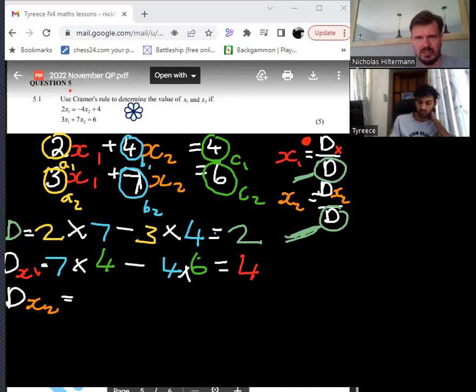Sorry, so it's 2 and 6. It shouldn't have been that. Because x2 had the light blue, so we're not using light blue because we need to solve x2, so we use the numbers that aren't in front of the x2. So that's the yellow and the green.